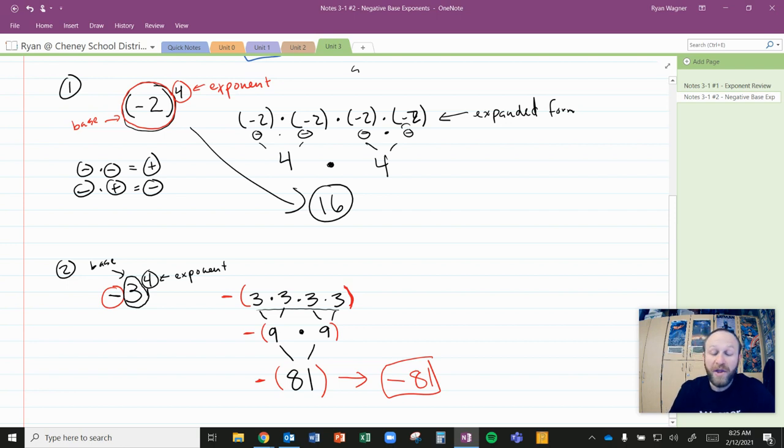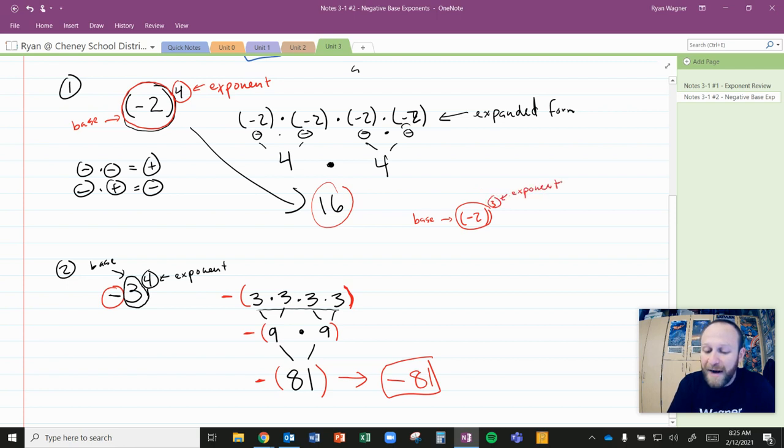Okay? When you do have parentheses, sometimes your answer will be positive, like this, and sometimes your answer will be negative. Let me show you a quick example of what it would look like if it's negative. So if I have negative 2 to the third, okay, because there's parentheses, my base includes the negative. The parentheses say it includes the negative.